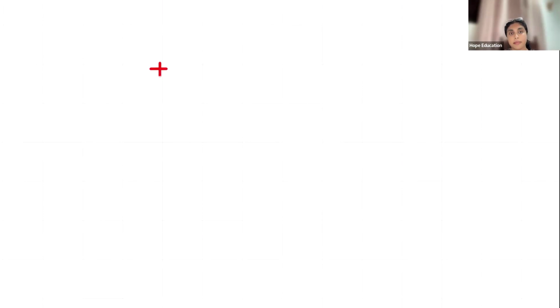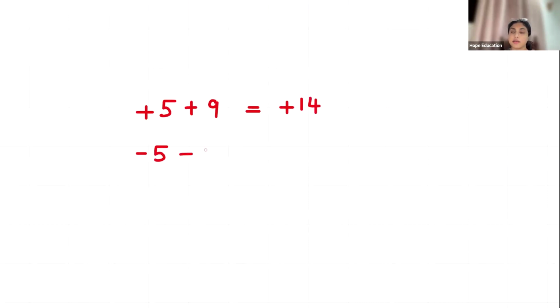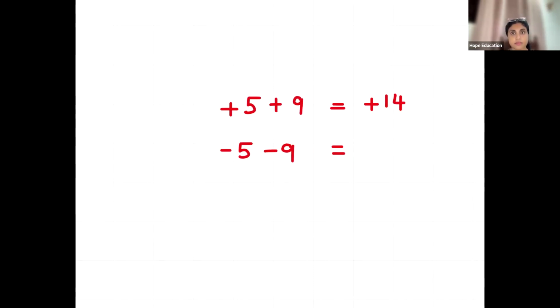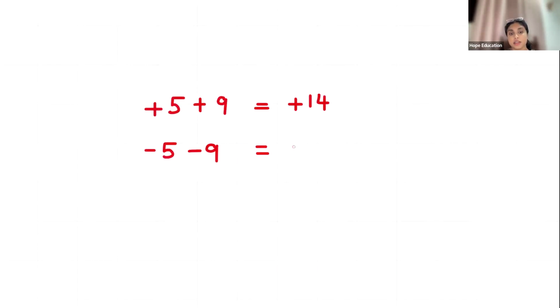Now, plus 5 plus 9. What is the answer? Make it simple, like an example. This is addition, this is plus 14. Minus 5 minus 9. What is the answer here? Minus 14, right?